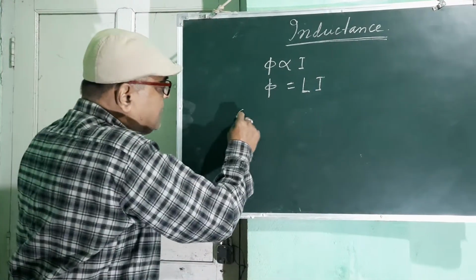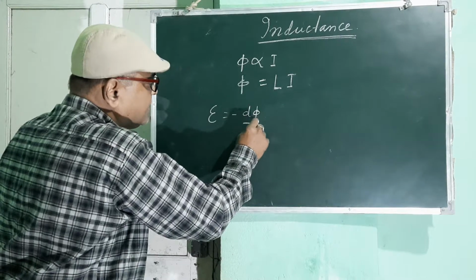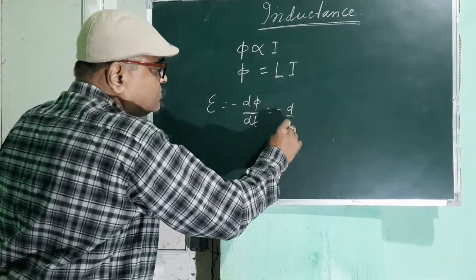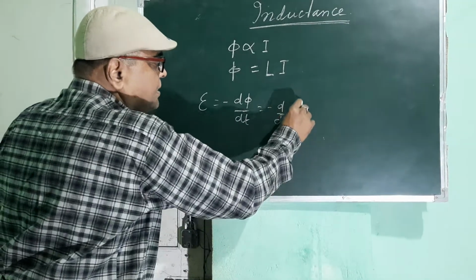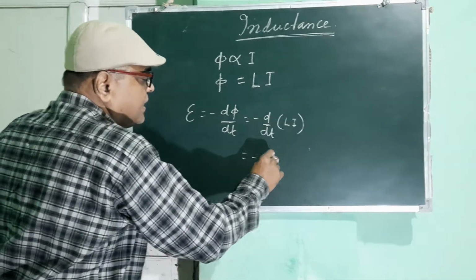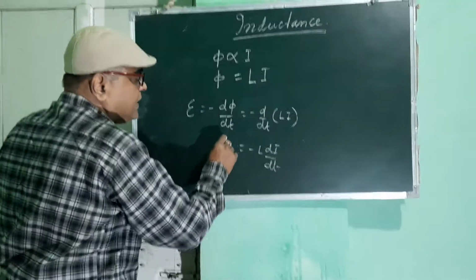Induced EMF E is equal to minus d phi by dt. So minus d/dt of L into I, so here it will be minus L dI by dt.